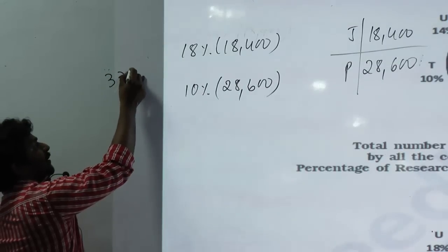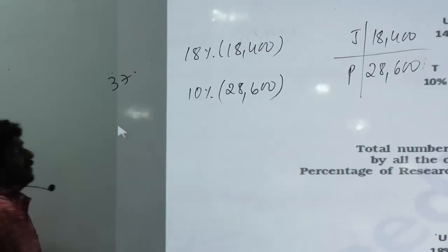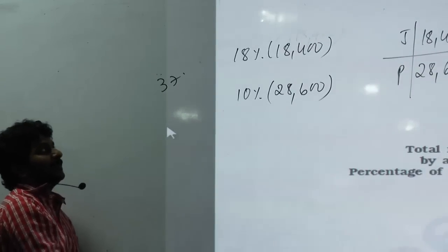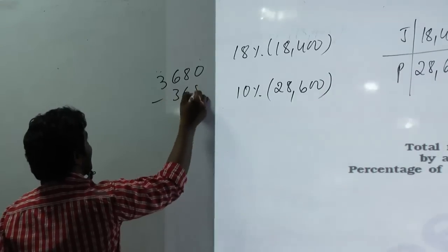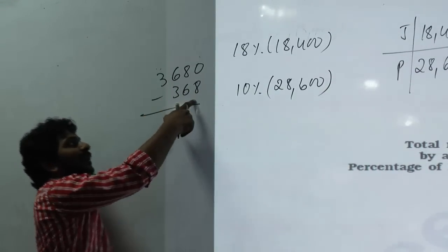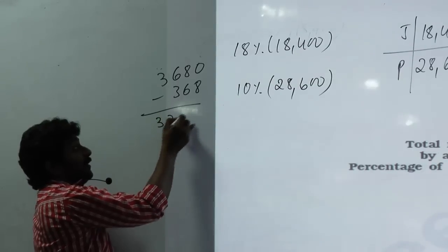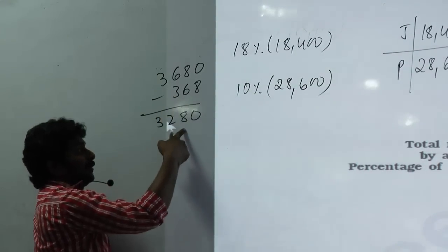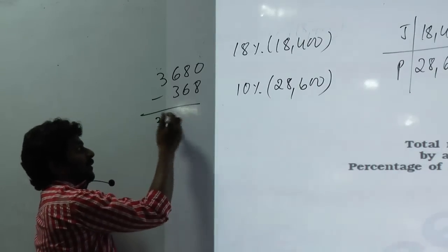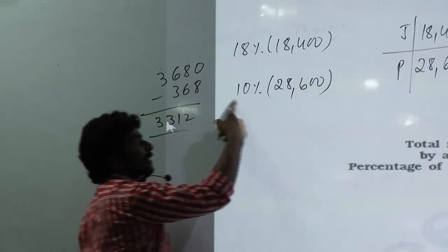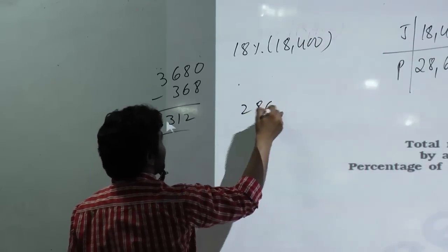3312. 10% is 1840, 20% is 3680 minus 368, subtract 400, add 32, 3280, add 32, 3312. And 10% of this is 2860. So the other one is 2860.